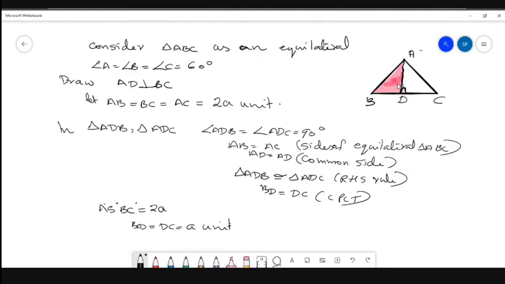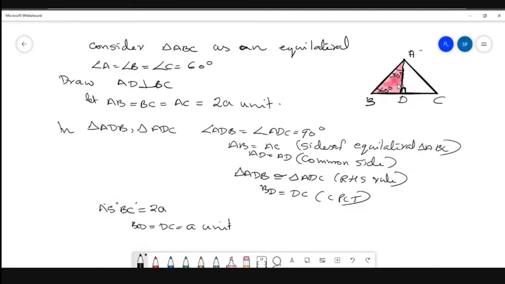You can see that this angle is 90 degrees now, and here it is already 60 degrees because we know that each angle is 60 degrees. So this is already 60 degrees. Then 60, 90. Then what about this angle? This angle is now 30 degrees. Isn't it? Angle sum property: 60, 30, 90. Total angle is 180 degrees.